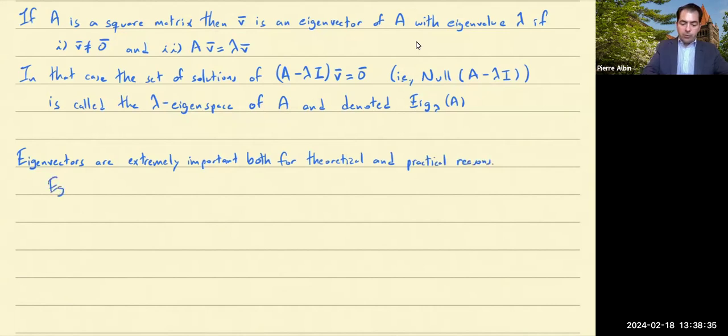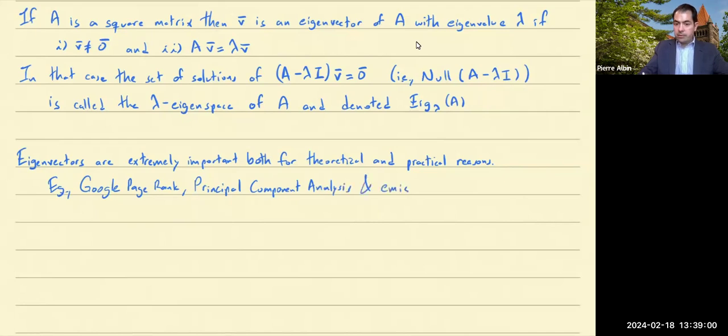For example, and I'll say a little more in a moment, the Google PageRank algorithm uses eigenvalues and eigenvectors. Principal component analysis is all about eigenvalues and eigenvectors.